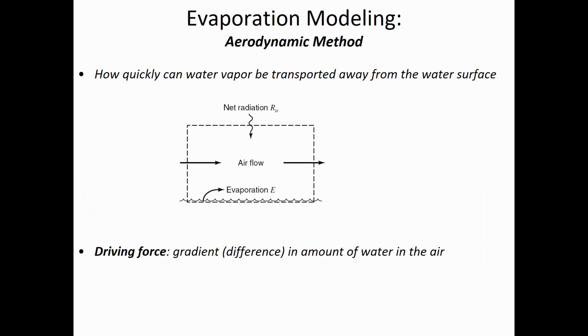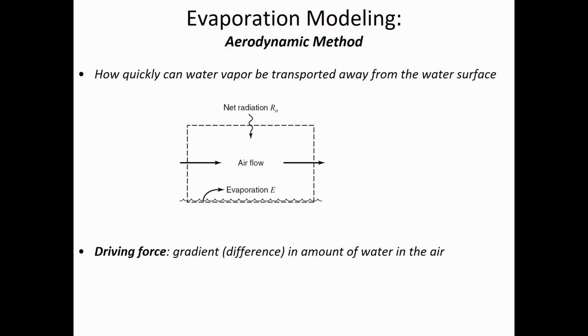The evaporation is partly governed by how much energy gets into the water, and it's partly governed by how much wind is going over the water. This diagram is doing a mass balance, showing airflow above the surface of the water. Imagine that as the water is evaporating, very close to the water surface there's going to be a lot of humidity.